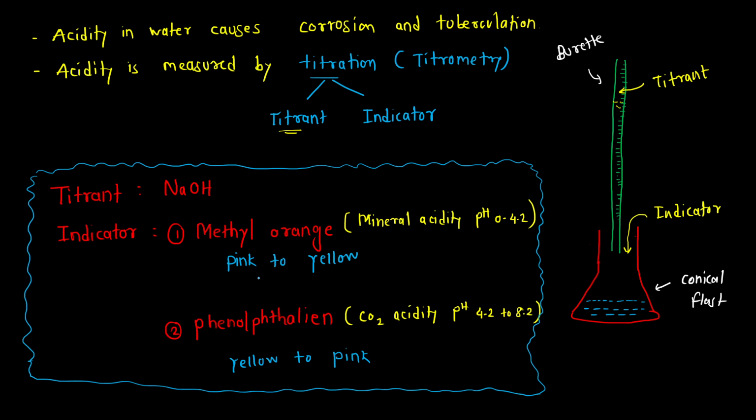We will take the next sample and add phenolphthalein to it. So remember this process. First try with methyl orange. If the color changes to pink, then we carry on until the color changes to yellow. If the color does not change to pink, then straight away we take the next sample, add the phenolphthalein, and the color will change to yellow. Keep doing the titration till the color changes to pink.